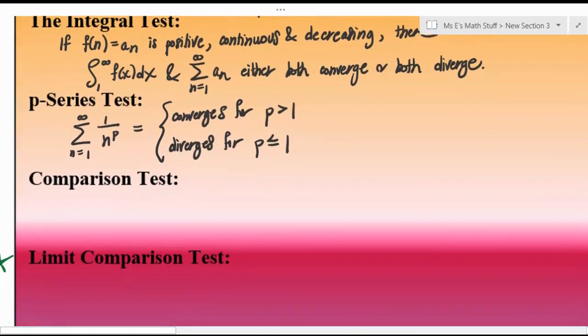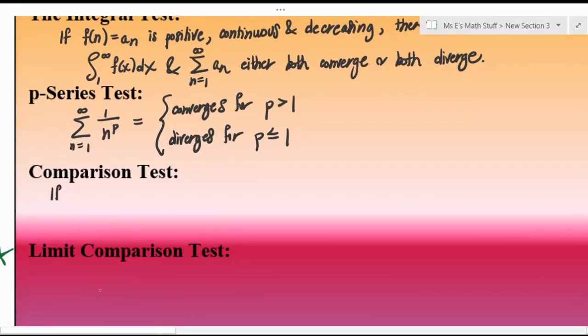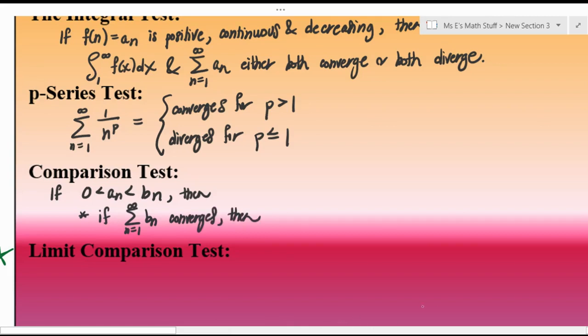There we go. All right, the comparison test says if you have this lineup, so your terms have to be positive, and you need to have the terms all less than the other terms, depending on how you're comparing it, then if the sum of all the b sub n's converges, then the sum of all the a sub n's will also converge.